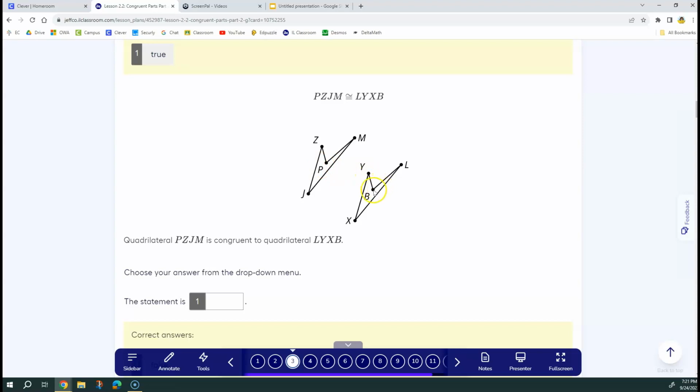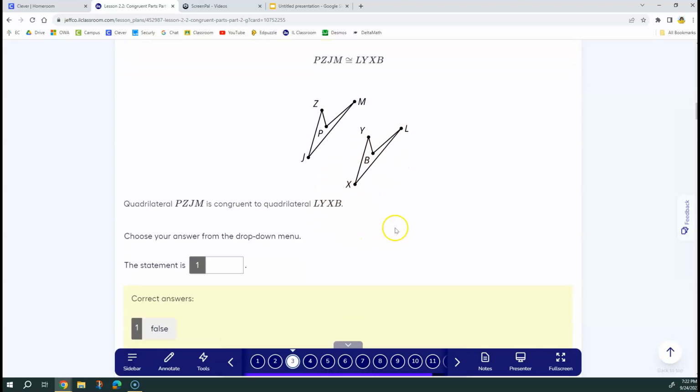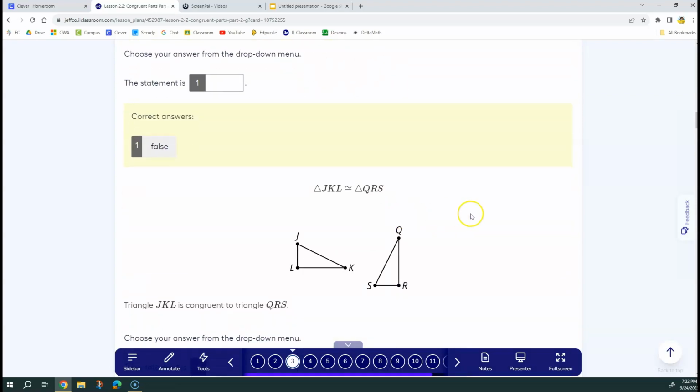Well, that would be point B right here. Point P and point B are in the same location. They're corresponding points. And the other thing is, if we're going L to Y, there's no connection there. That's not even a segment that connects together. So that's another giveaway of why it's false. It doesn't match up.